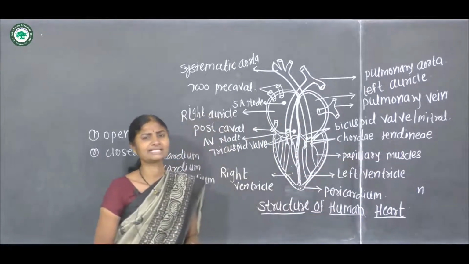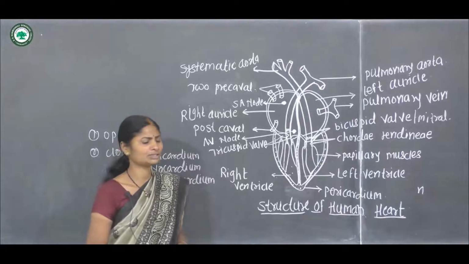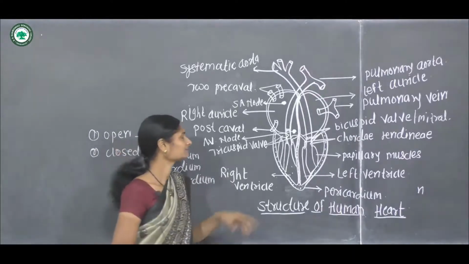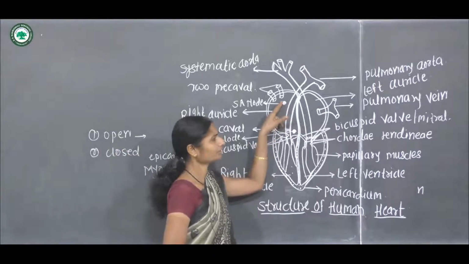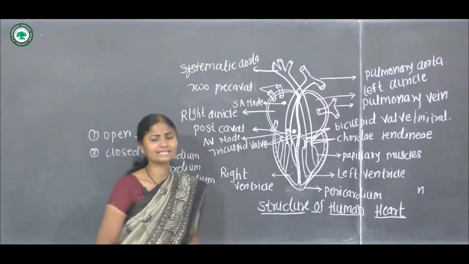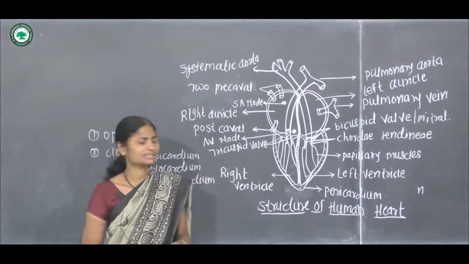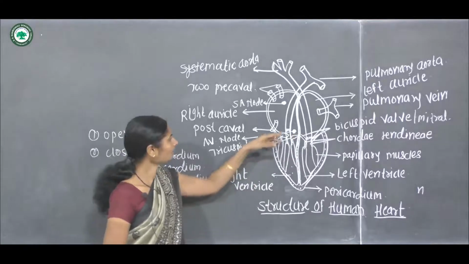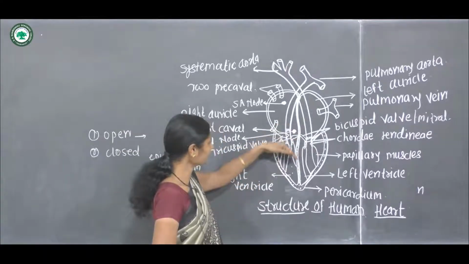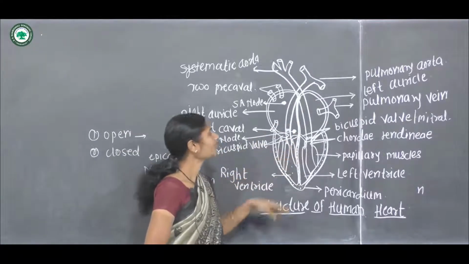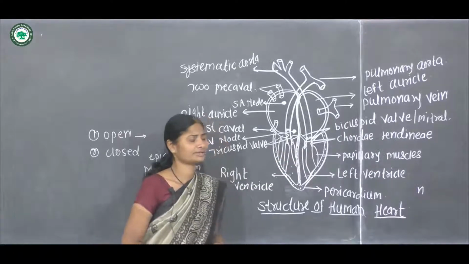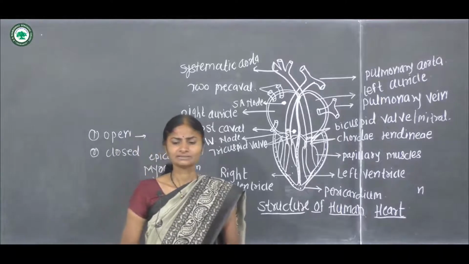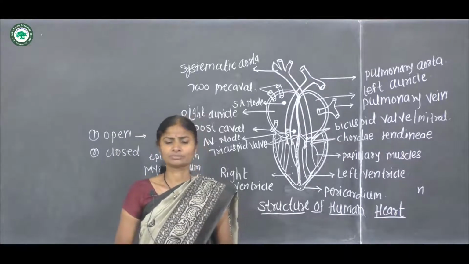The heartbeat is initiated by special tissue called the pacemaker. The impulse starts in the SA node and is transmitted to the auriculoventricular node, and from the auriculoventricular node the impulse is transmitted to the Purkinje fibers and to the various regions of the ventricle.